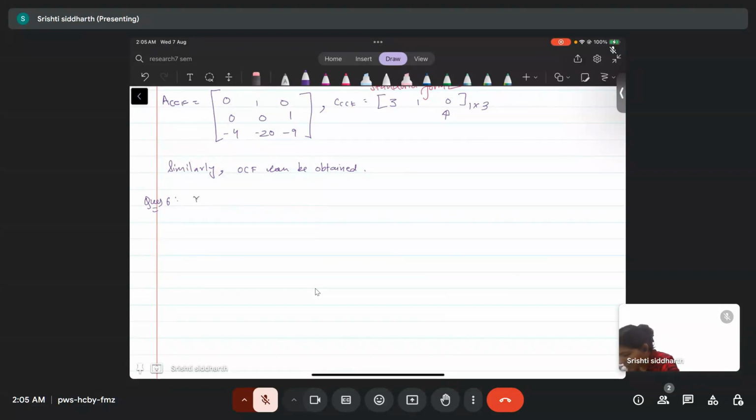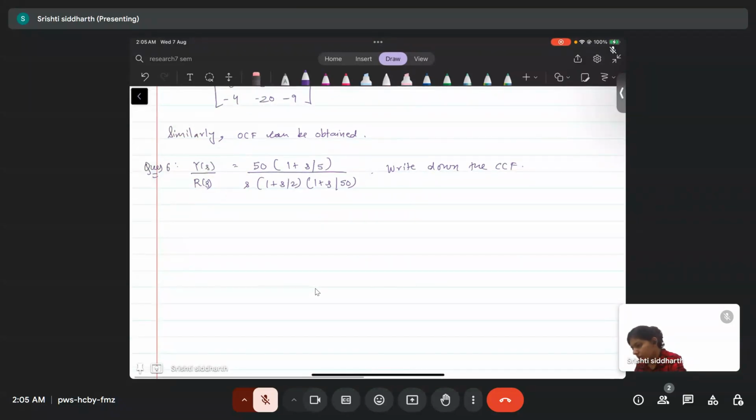So we have the transfer function Y(s) over R(s) as 50 times (1 plus s over 5) over s times (1 plus s by 2) times (1 plus s over 50). Okay. So again the question is to write down the CCF.